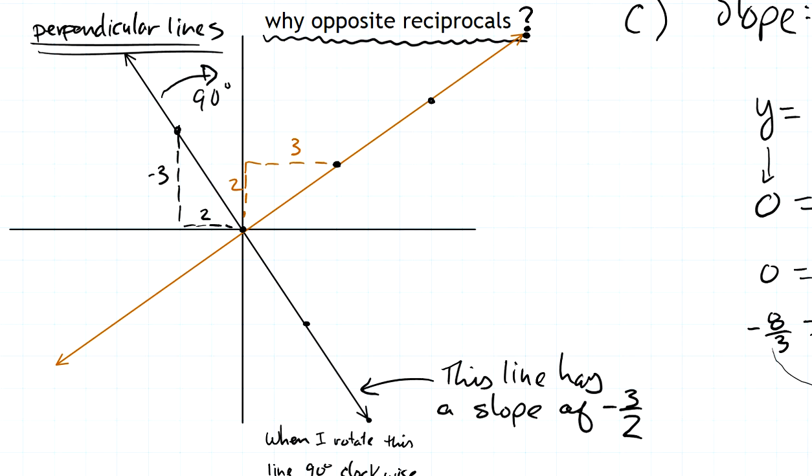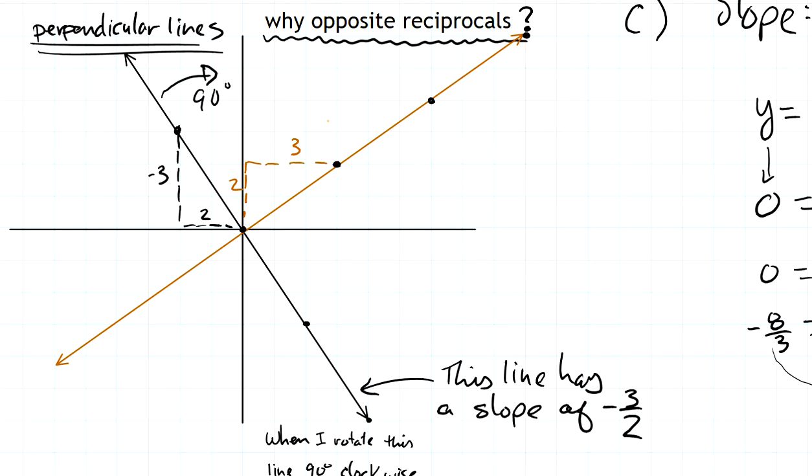These aren't any of the lines that I'm dealing with in this problem, but for example, if I had a slope of up 2 over 3, and I wanted to have a line that would be perpendicular to it, you can see I can take this right triangle, and I could rotate this thing 90 degrees. And in the act of rotating it 90 degrees, you can see that the rise and the run switch places, right?